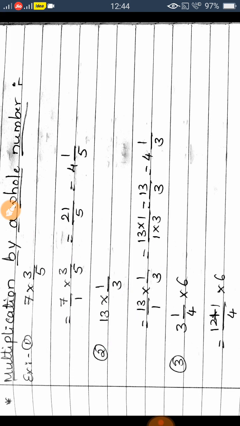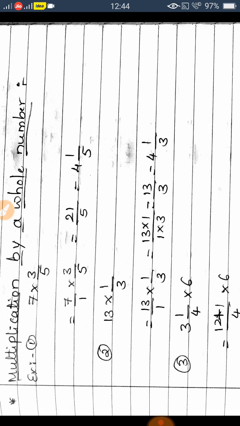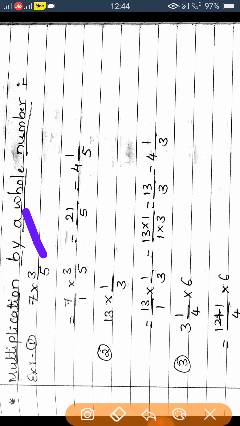So here is question number 1: 7 into 3 by 5. 7 is not a fraction. Why do we convert it into a fraction? Because it is easy to multiply numerator to numerator, denominator to denominator. Here it is not necessary to convert the fractions to the same denominator, meaning we need not make equivalent fractions.